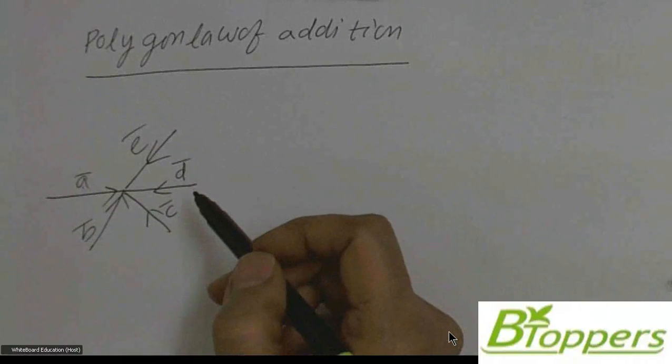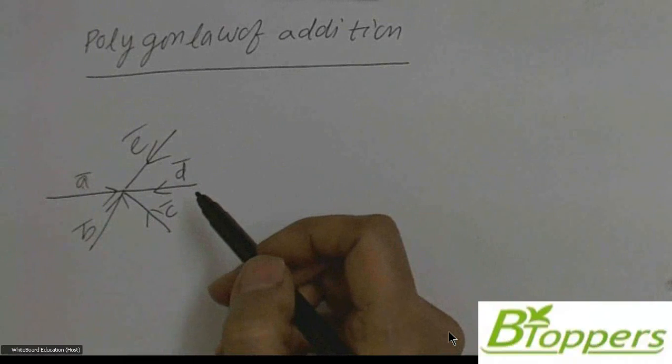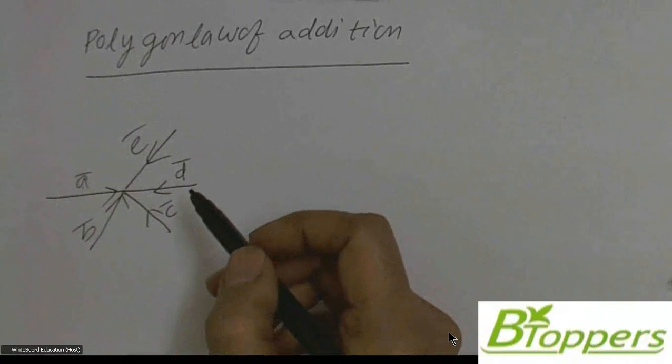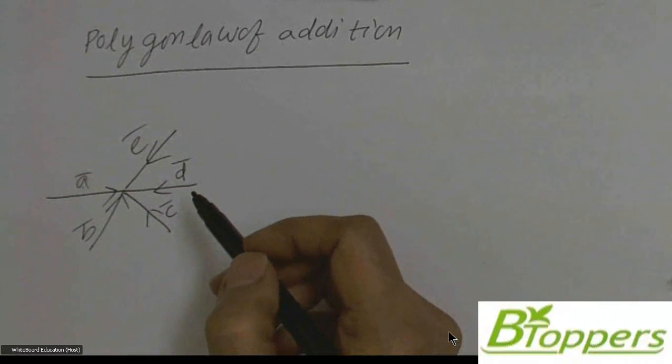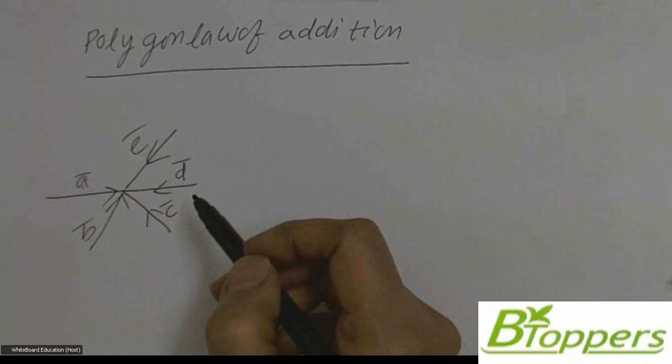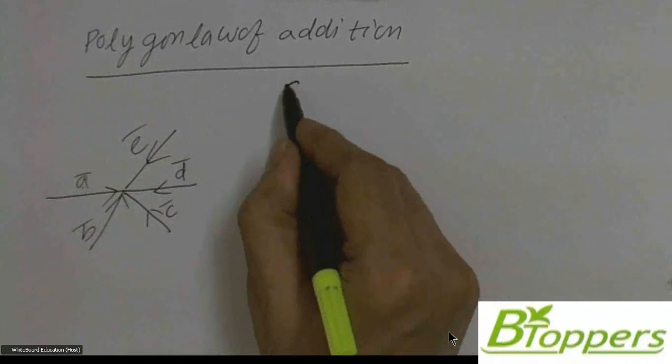As I discussed in the past, in the triangle law of addition of vectors, if two vectors are represented graphically such that the head of one vector is attached to the tail of the other vector, then they are said to be in the same order.